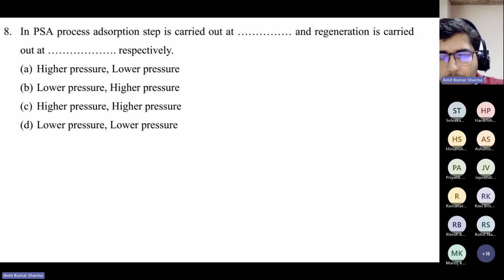When you release the pressure, the molecules adsorbed on the molecular sieve are released to the tail gas, or they go to the next tower, depending on the configuration used. These are the steps involved. So higher pressure and lower pressure is the correct answer.